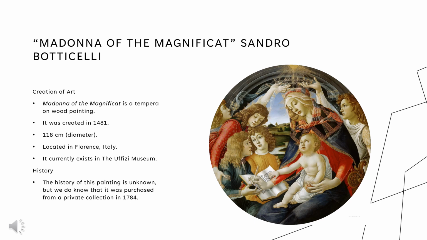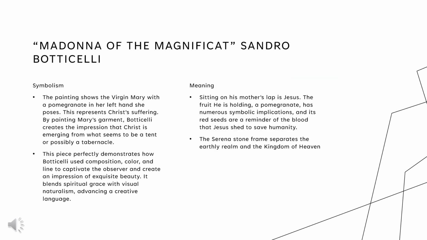This painting is also located in the Uffizi Museum, which is in Florence, Italy. The history of this painting is unknown because it was purchased through a private collection in 1784. We don't know the previous owner of this, but we do know the meaning behind this painting.